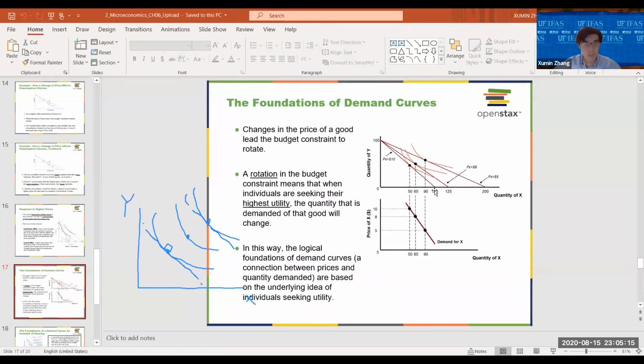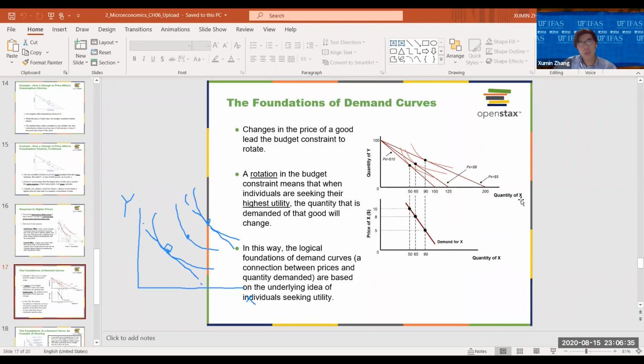Let's move on. Remember that we talked about demand and supply, but now we are kind of detached from demand and supply. In this case, we are focused on the individual, and how individuals come up with their own consumption decisions. How can we link consumer theory, the utility maximization of individuals, with demand?